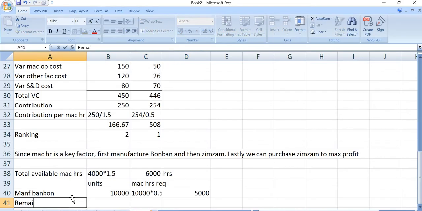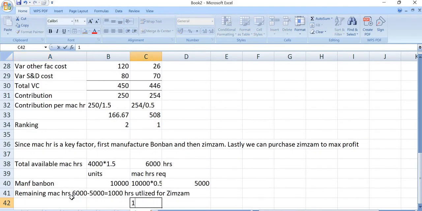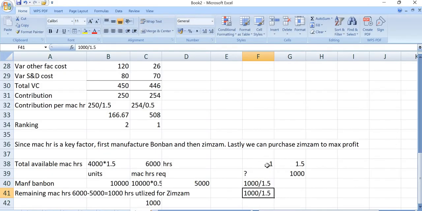So in 6,000 we are spending 5,000 hours. So the remaining machine hours is 6,000 minus 5,000 utilized for bonbon. So 1,000 hours are utilized for Zimzam. That means how many units can I produce? For 1 unit I require 1.5 hours. So in 1,000 hours, how many units can we produce? 1,000 divided by 1.5, so I can produce 666.67.